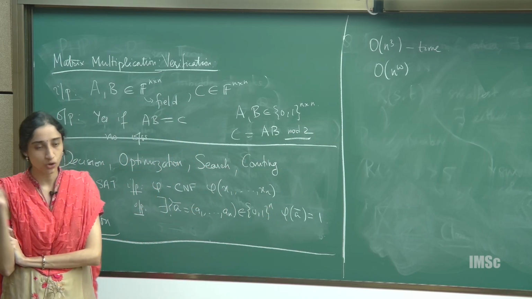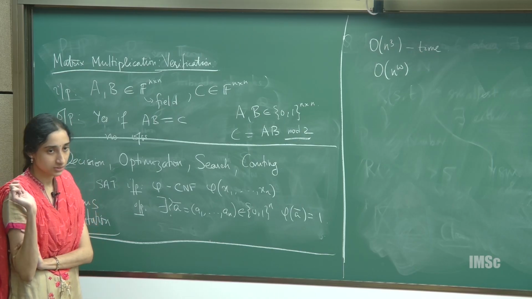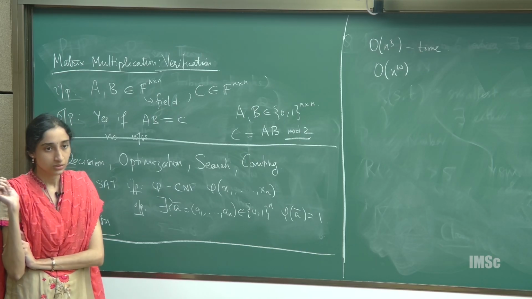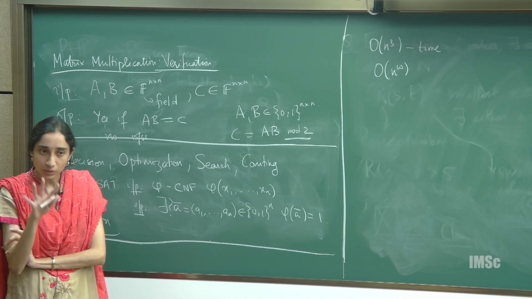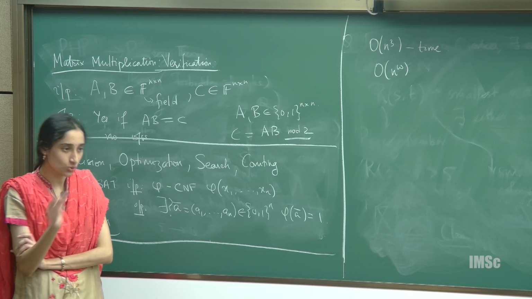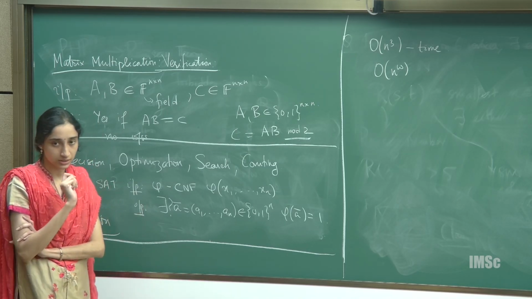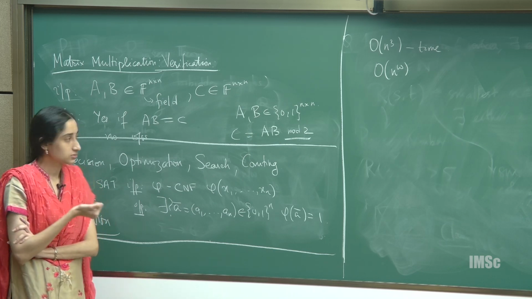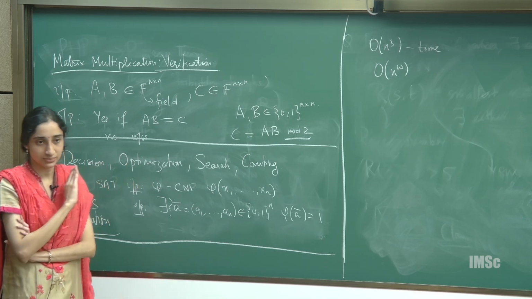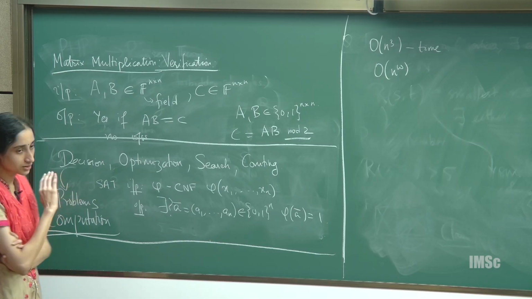So C, A, B, all of them are 0, 1 matrices. Multiplication is modulo 2. So you multiply the row with the column, you will get a number, you go modulo 2, it might either be 0 or 1, put that entry. This is for simplicity, okay? The algorithm will work irrespective of this. It's easy to describe.